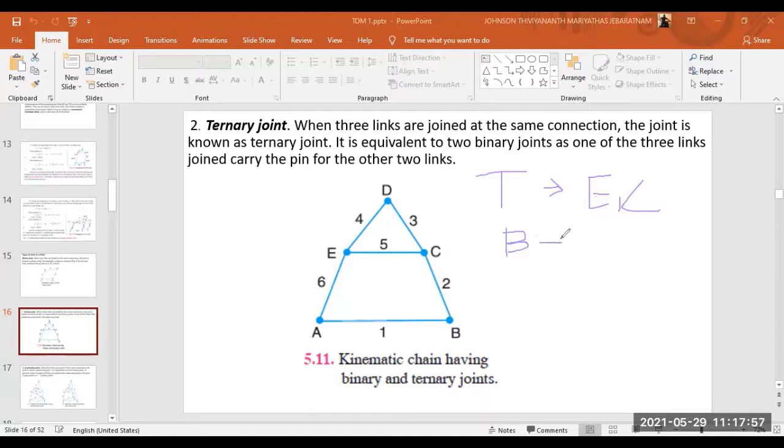If you see the diagram, at D only two members are connected, at A two members are connected, and at B there are also two members connected, right? So this is for binary and that is for ternary.